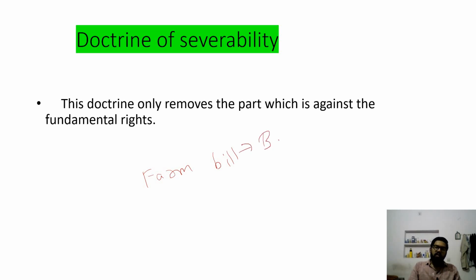So Parliament will sit and remove this bad thing and come with only the good thing. So this doctrine of severability says that we have to remove only that part which is inconsistent with fundamental rights. Parliament will remove it. This is the doctrine of severability. Got it? It is a very simple thing.